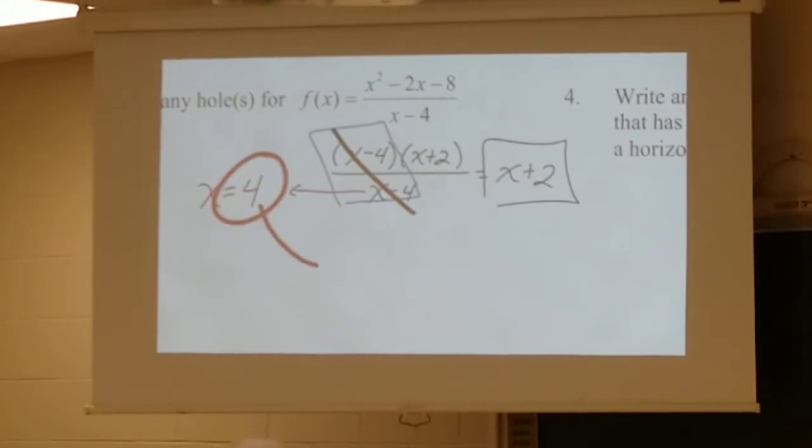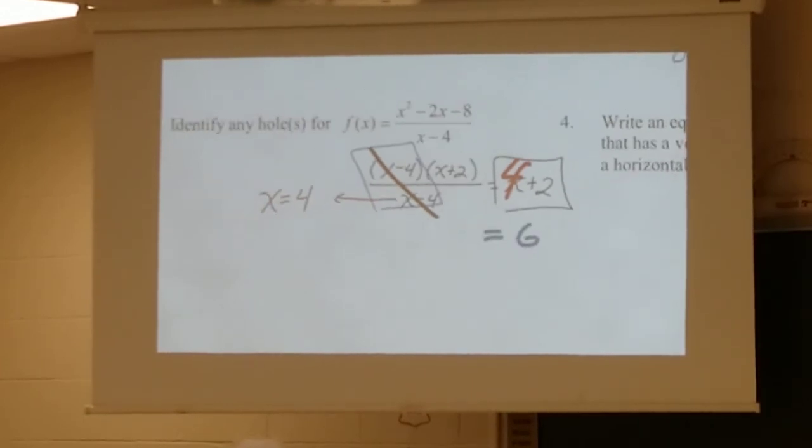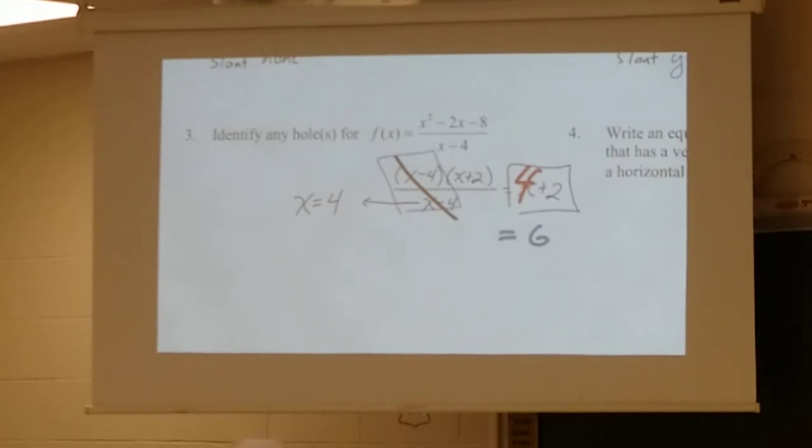Because I can plug in the number 4 safely. And when I plug it in, I get a y value. I get 6. And that 6 is the y value that makes my complete answer. It makes the complete answer to be 4, 6.